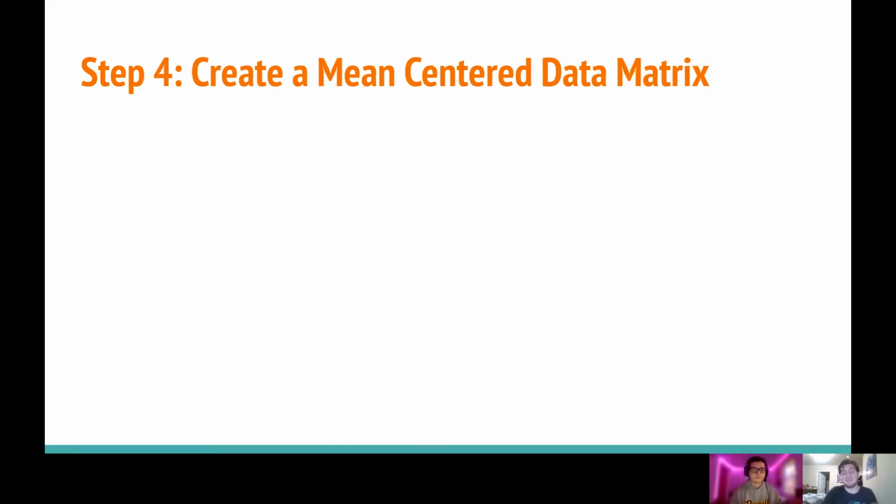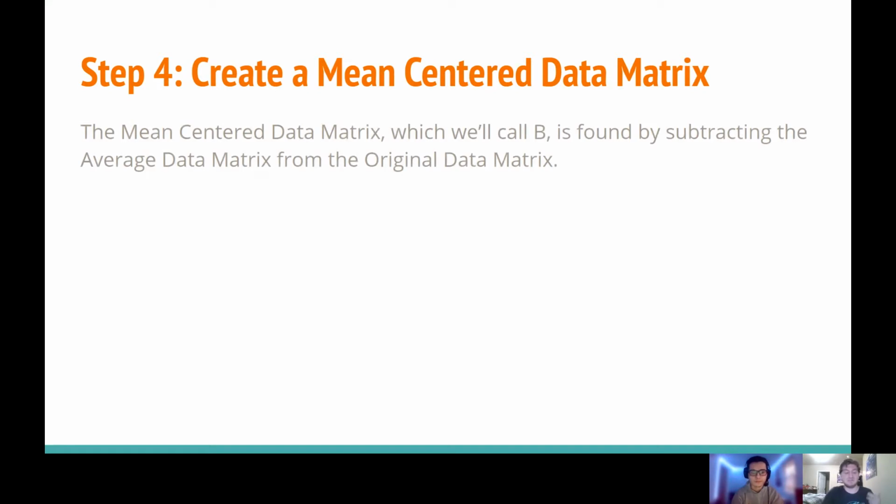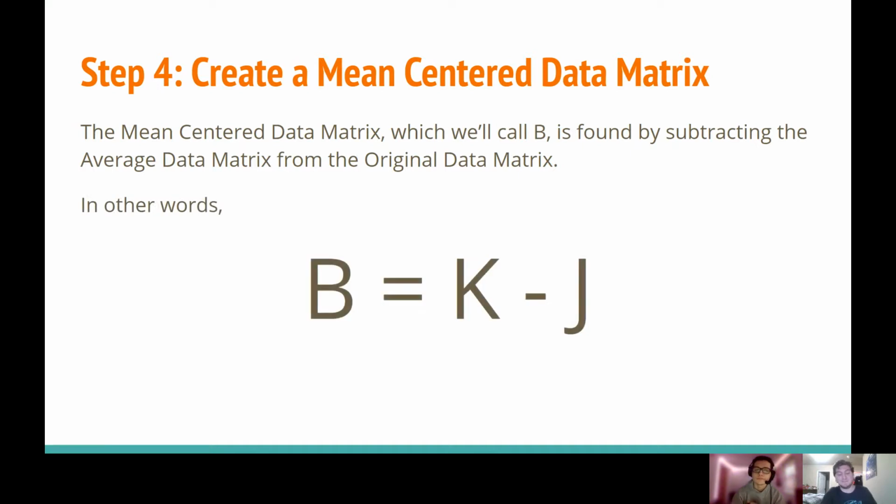Since we now have an average data matrix for our data, we can mean center our data by subtracting j from our initial matrix k. We'll call this matrix B. So in other words, B equals k minus j.